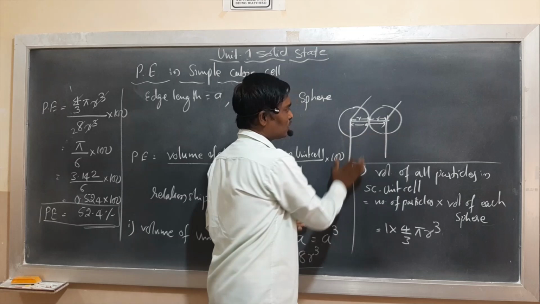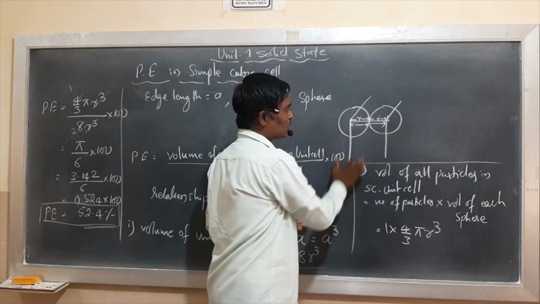Now, we calculate the relationship between the edge length and the radius of the sphere, that is, the relationship between A and R in FCC.